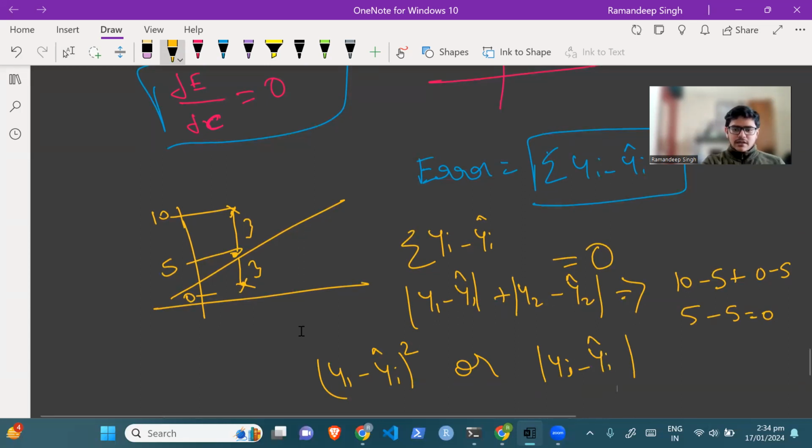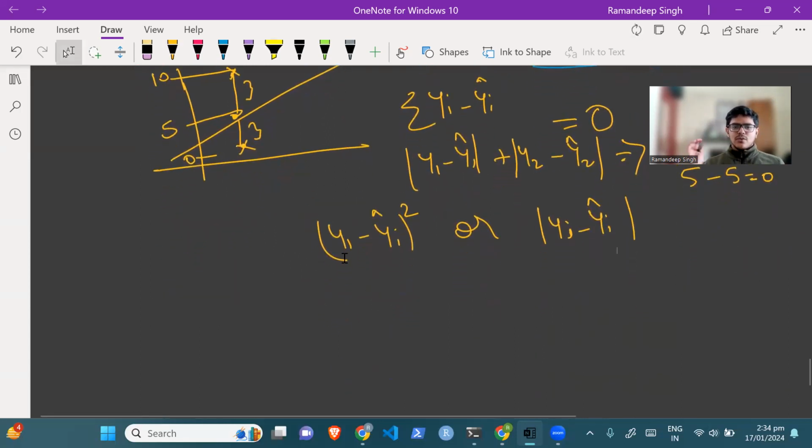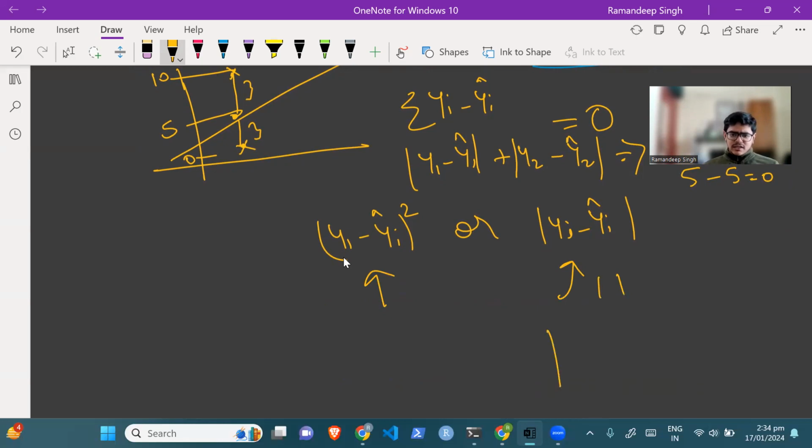The reason for taking the square and not the modulus is that the graph of the modulus is V-shaped and it is not differentiable at this point. Our aim is to minimize the error function, and we will achieve that by differentiating it with respect to M and C, or M and the B intercept. But the mod function is not differentiable at 0.